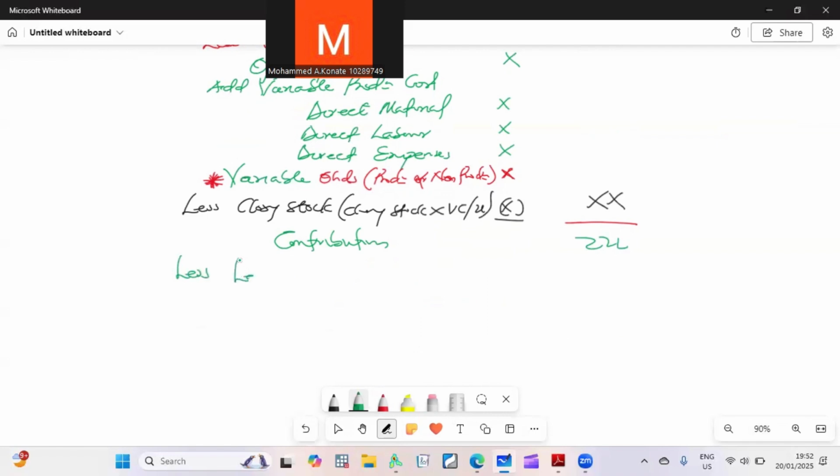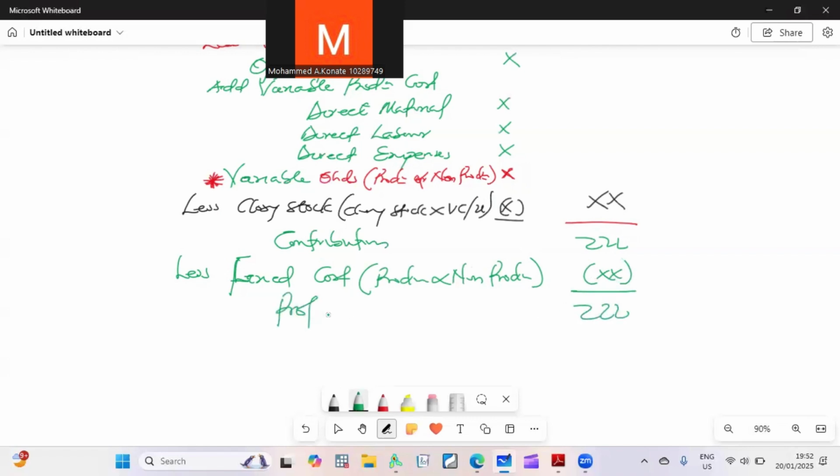So less fixed costs, both the production fixed cost and the non-production fixed cost. So when you put them together, you will less it. And that is how you get your profits. So easy peasy.